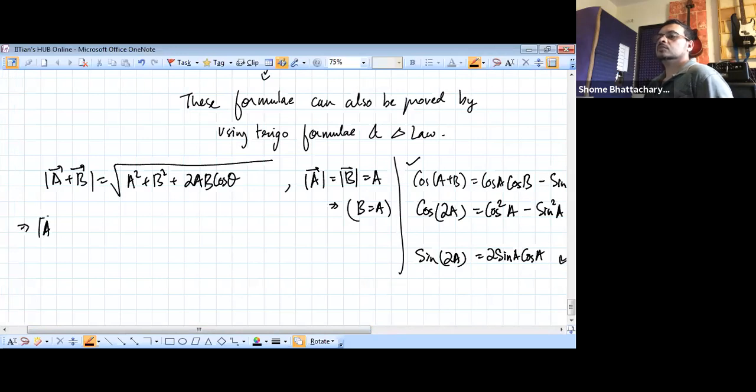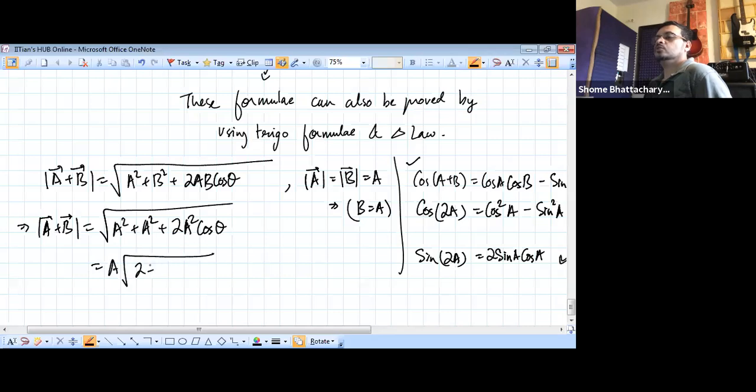So mod of A plus B will become root of A square plus A square plus 2A square cos theta. We can take A common. We have 2 plus 2 cos theta, that is 1 plus cos theta.